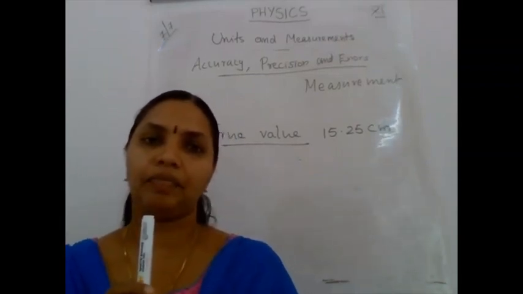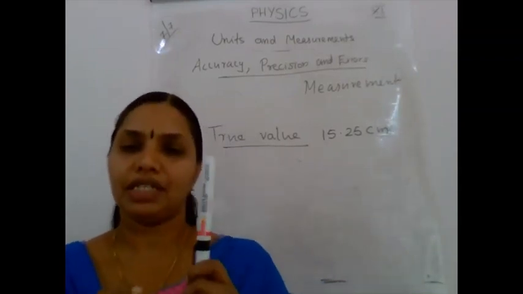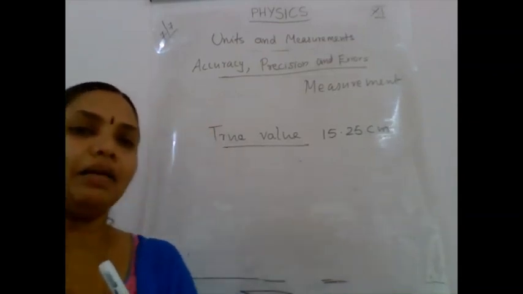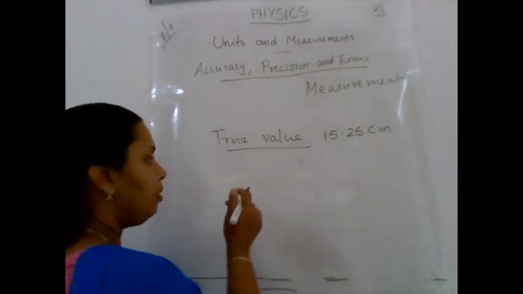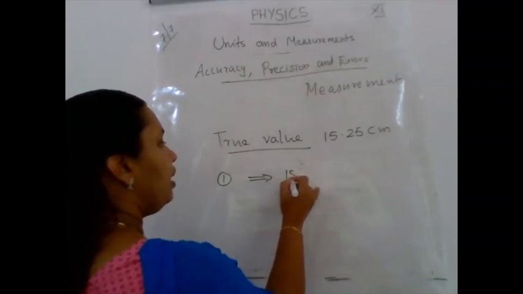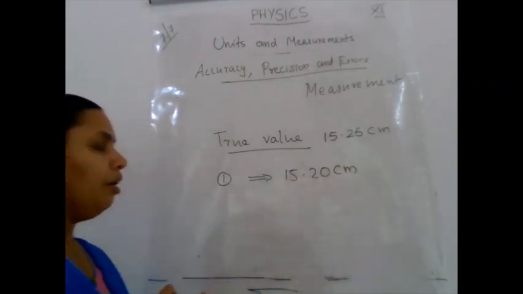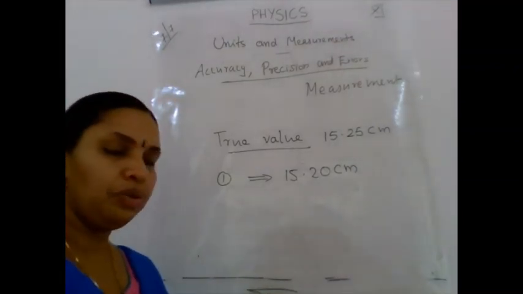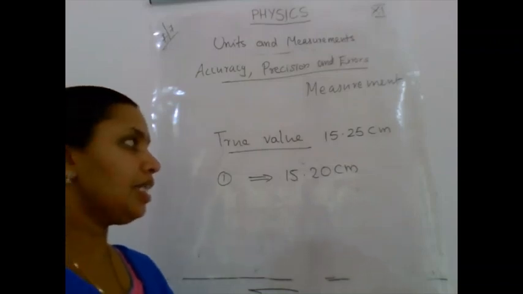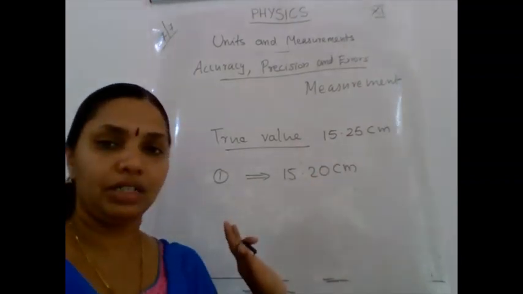Then I am measuring this with a scale, a very good meter scale I am having. In my first measurement I got 15.20 centimeter. I have another scale in which the 0.5 divisions are not there.